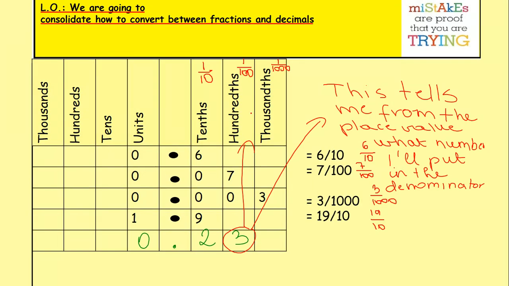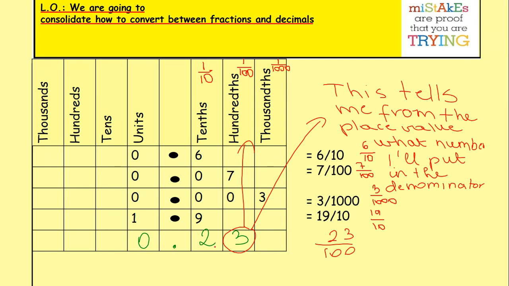So what number am I going to put in the denominator? 100. And how many hundredths do I have? 23. So your answer is supposed to be 23 over 100. Of course, at this moment we didn't talk about simplifying the fraction answers because I just wanted you to understand how we convert decimals into fractions.